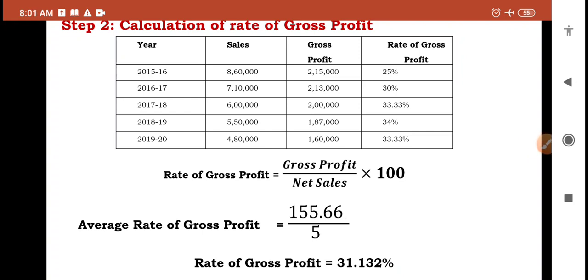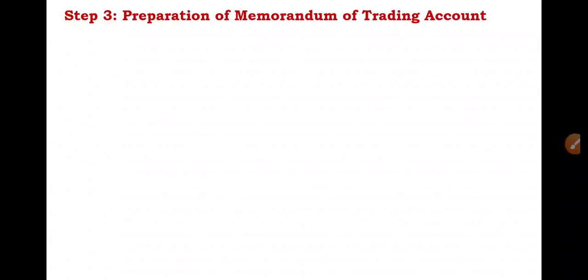So now we can go with step number 3, that is preparation of memorandum of trading account. This memorandum of trading account is to be prepared to find out the closing stock, that is stock on the date of fire in the premises of a company. What sort of stock is there as closing stock?